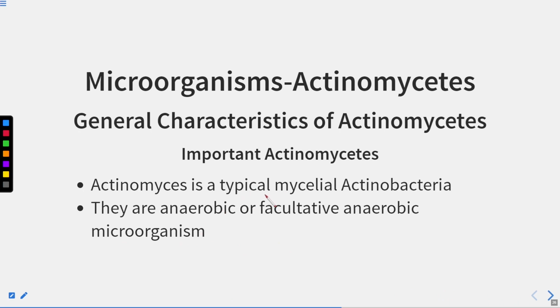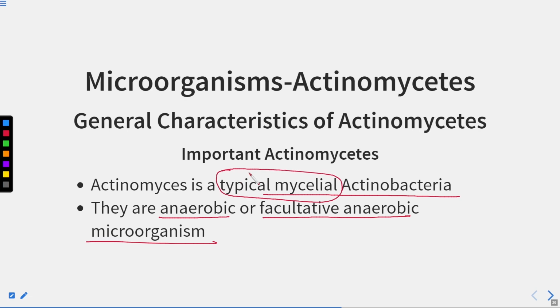Actinomyces is a typical mycelial actinobacterium. They are anaerobic or facultatively anaerobic microorganisms. So this is very important. Typical mycelia: generally bacteria do not have mycelial structure, but Actinomycetes have a typical mycelial structure. That is a unique feature of the actinobacteria.